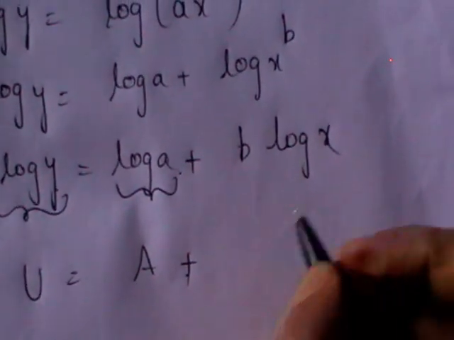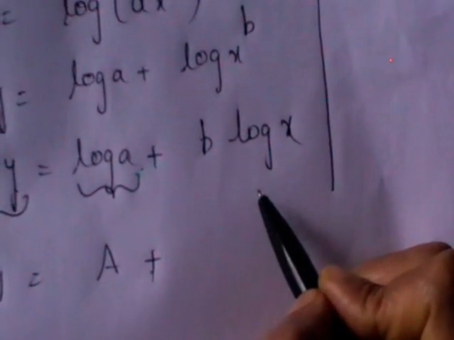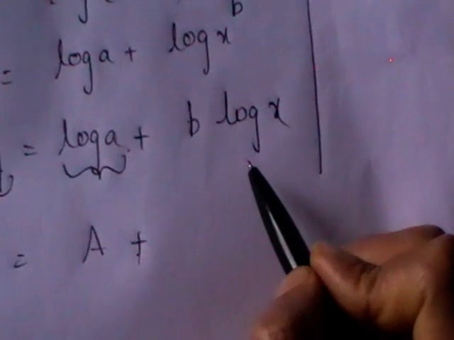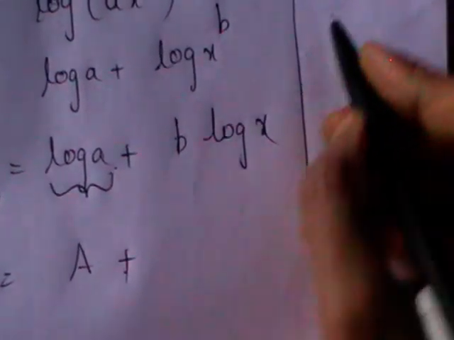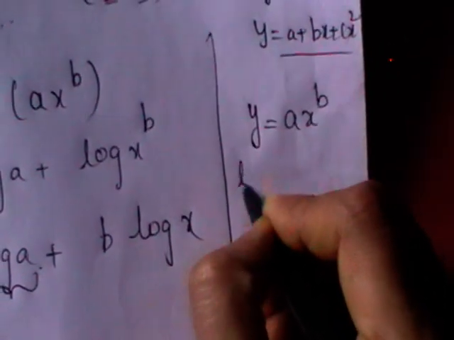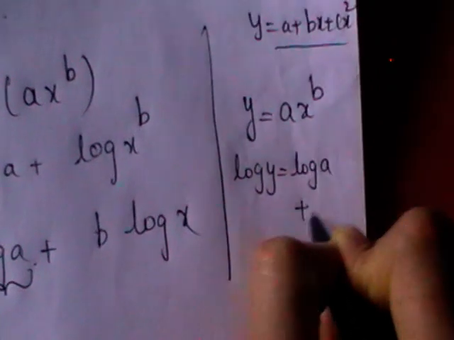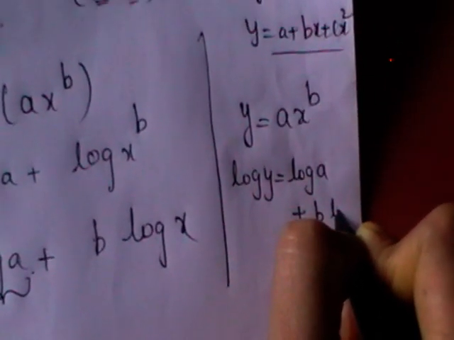Now, in the earlier derivations, I said to separate x. So if you consider y is equal to a x power b, you got log y is equal to log a plus b log x.